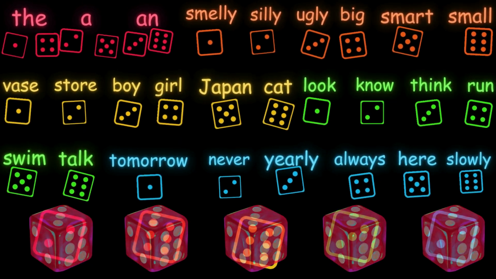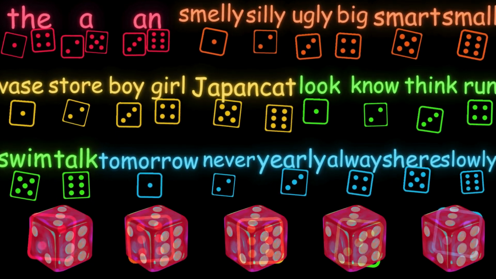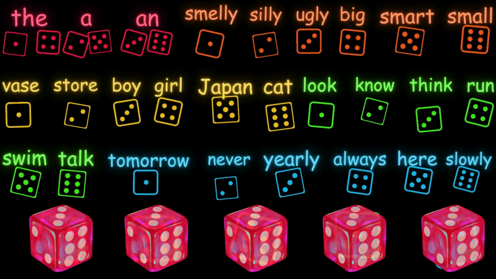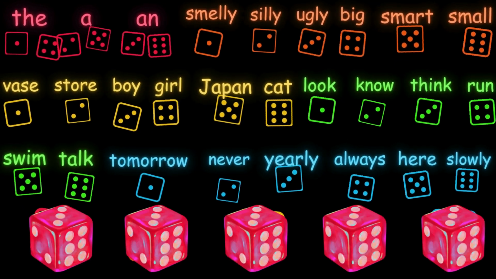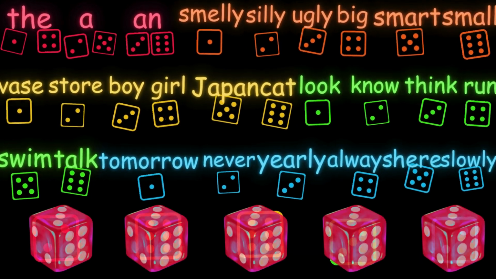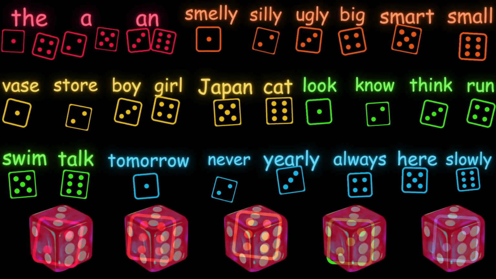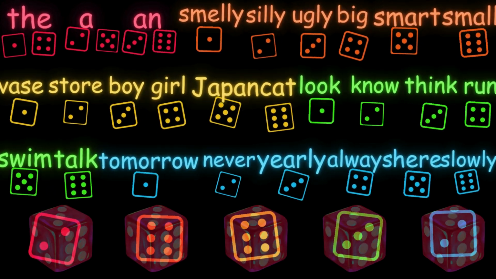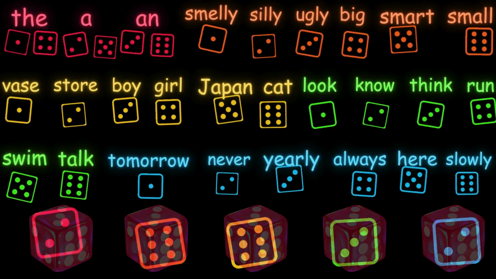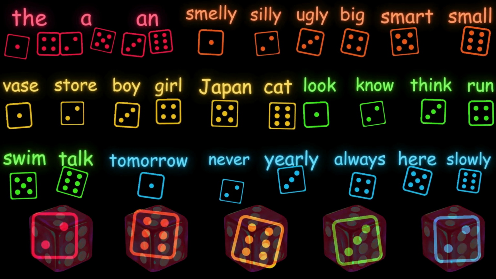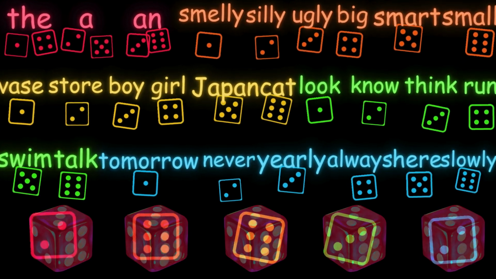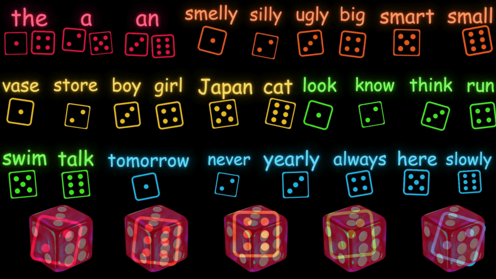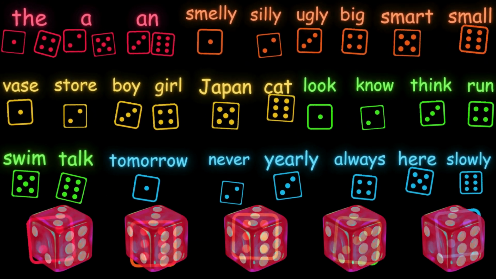All right, so for the article, we rolled a 2. Look up here and you can see that for 2, we have the word a again. All right, for our adjective, we have a 6. So if we look over here, we're going to see the word small, a small.